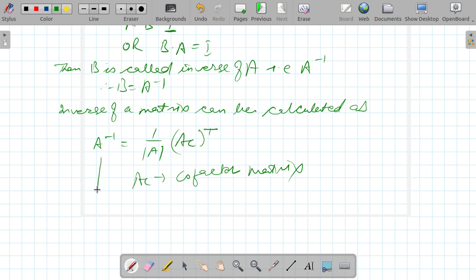This equation suggests that A inverse exists if the determinant of A is non-zero, right?